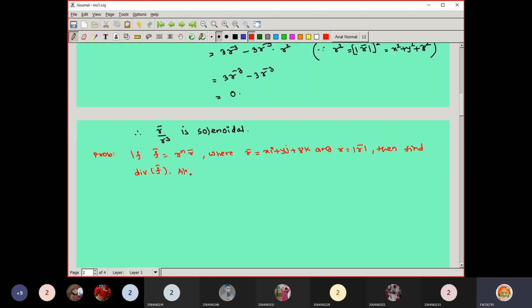Also find the value of n if f bar is solenoidal. So they are asking this problem.